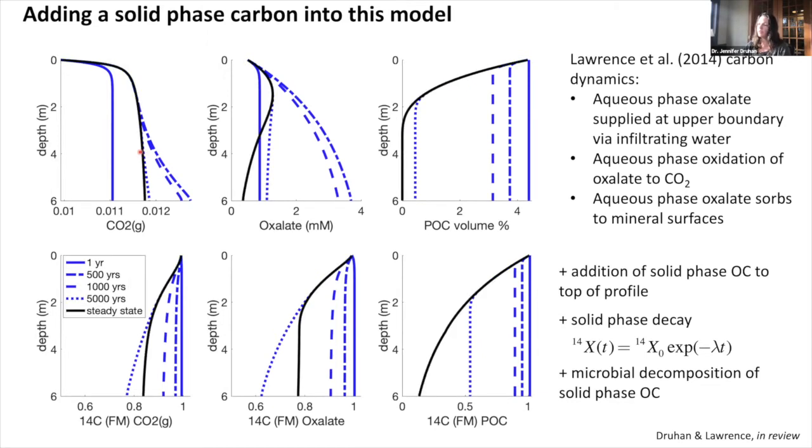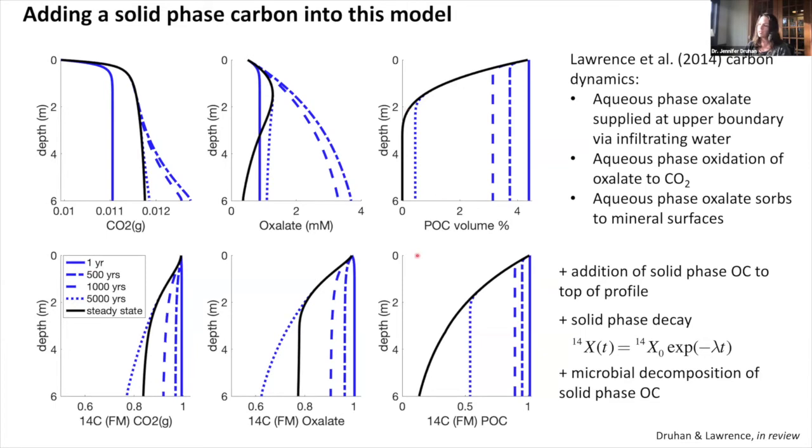And finally, we reach steady state. Once again, a balance between the supply rate of each of these phases to the top of the domain, the decay and decomposition within. I chose an application rate, a burial rate of this solid phase encapsulating everything, litter, roots, biomass, everything that you could think of as solid carbon, such that I ought to reach 1 radiocarbon half-life in 2 meters.